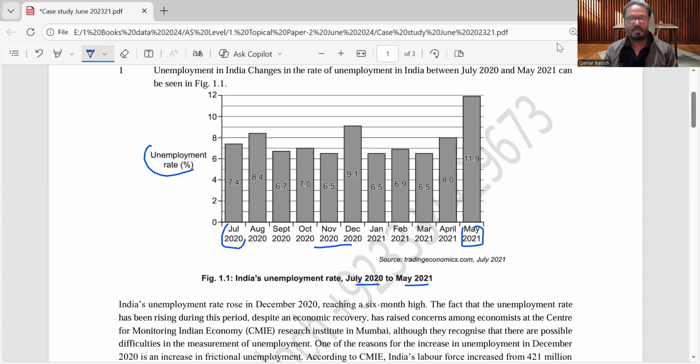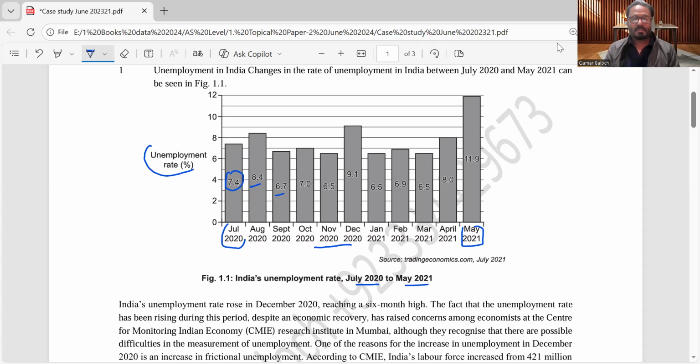You can see there are different unemployment rates in this data: 7.4% in July 2020, 8.4% in August 2020, and 6.7% in September, and so on and so forth.